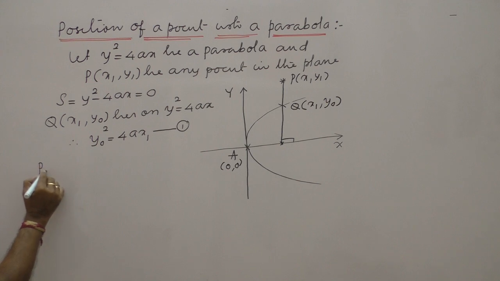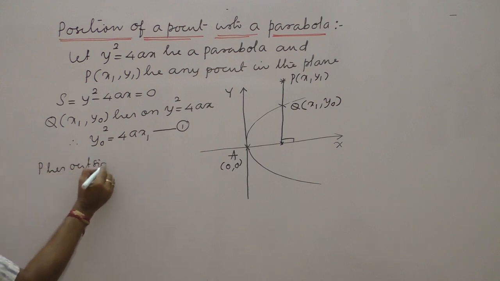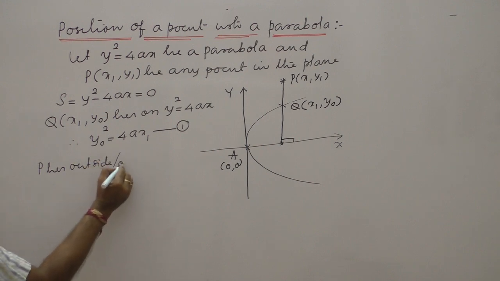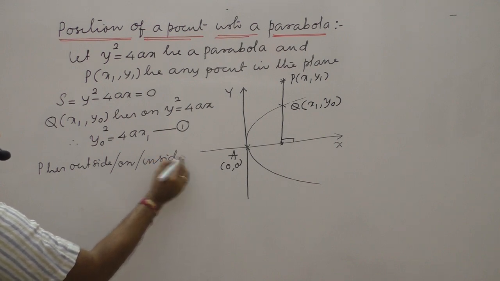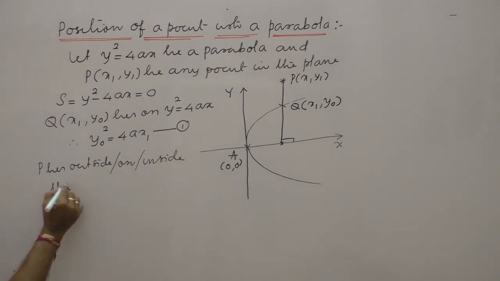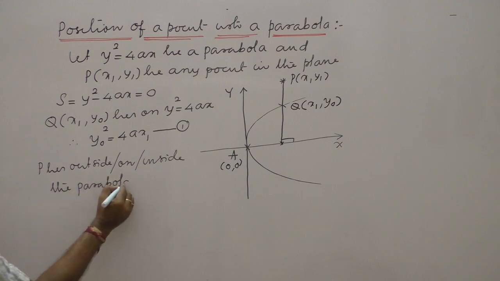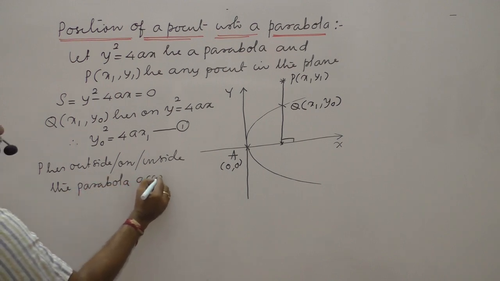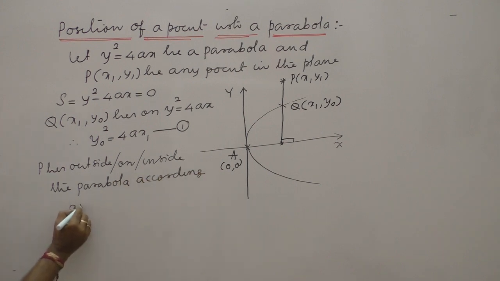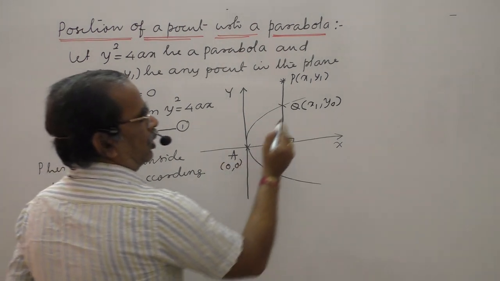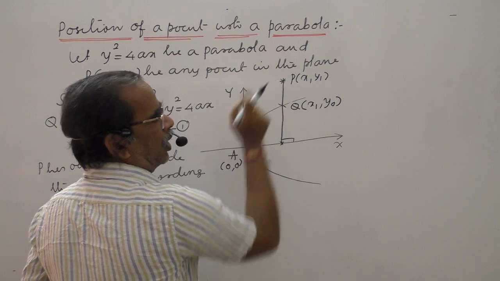The point P lies outside, on, or inside the parabola, according as follows. See, this is the point, and at the moment it is outside the parabola.